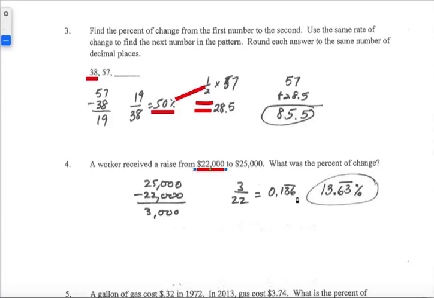Once we divide on our calculator, we'll get 0.136 repeating. Feel free to round your answer. When we move our decimal point over, we'll get 13.63 repeating. For the purpose of this assignment, I am more than happy to accept the repeating bar or an approximation. Hopefully this will help, and I will see you next week.